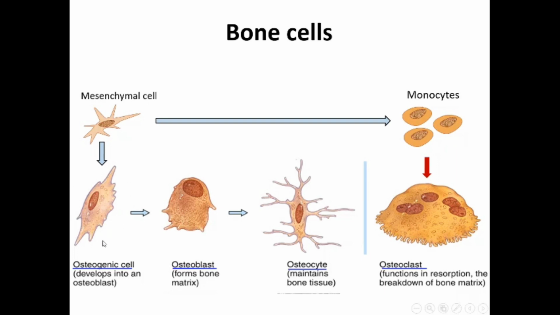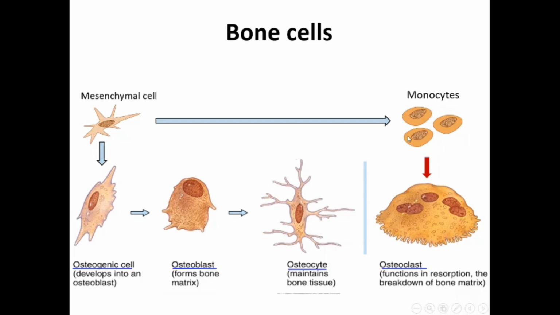Then these cells differentiate again into osteoblasts, and osteoblasts start to produce the bone matrix, become enclosed within the bone matrix, and create osteocytes. So this cell produces the bone matrix, and osteocytes entrapped within the bone matrix just maintain the bone matrix.